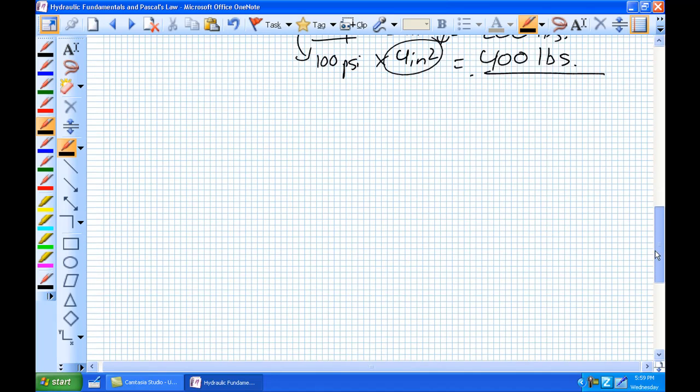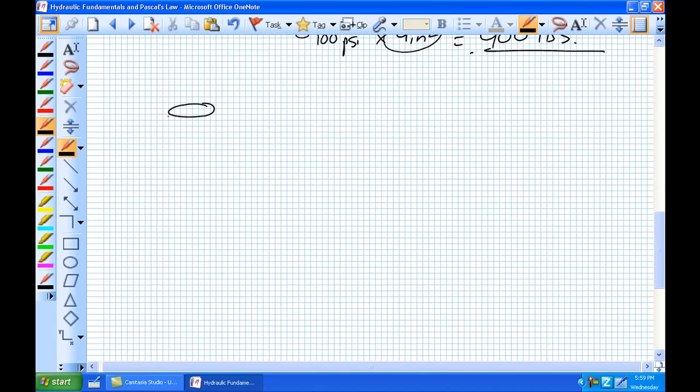So, making use of Pascal's law, imagine, if you will, the following. Here's a tiny cylinder hooked to another cylinder via a passage. And this cylinder has a larger area. And I apply a certain force to this disk of area 1. Force 1, area 1. This fluid inside here, according to Pascal's law, experiences that pressure in all directions undiminished.